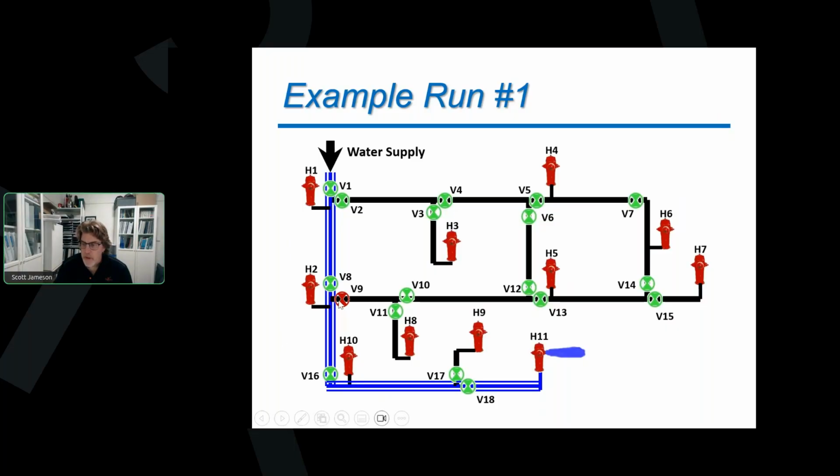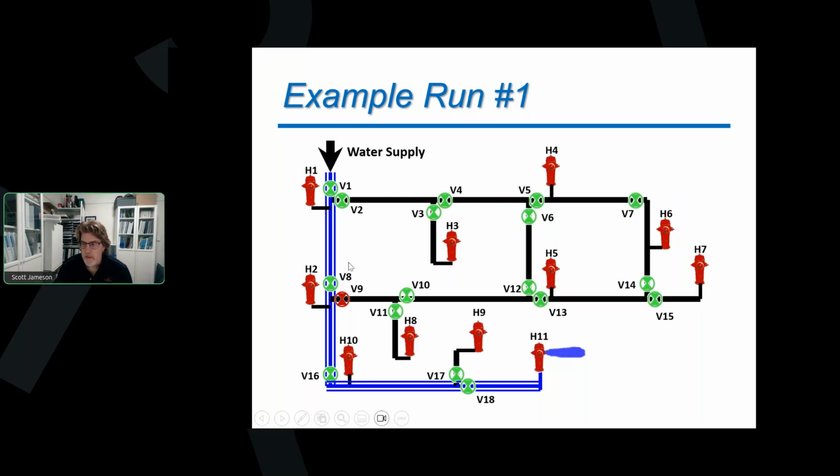Now, I'm going to close that valve because if I don't, then with the water that is coming past hydrant number 2 there, I have no idea where that water is coming from, right? Is it water that's going all the way around that big loop and coming down there? And therefore, I don't know how much water I'm getting between valve 1 and valve 8 on my map, because that might be water that's in the loop.